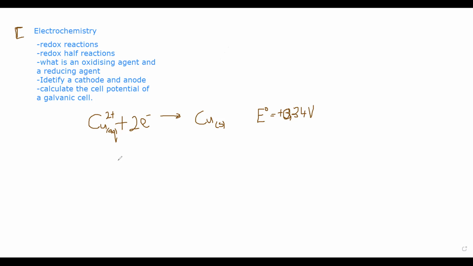So usually in a redox half reaction, you're gonna have this, then you're gonna have a second equation, let's say zinc 2 plus, which is also at an aqueous phase. This is gonna be added by 2 electrons, it's gonna give you zinc, which is a solid.